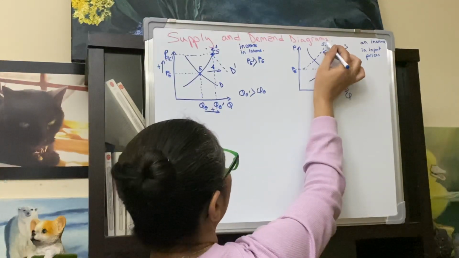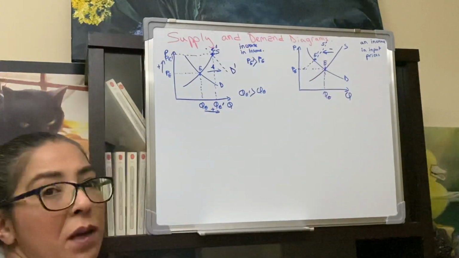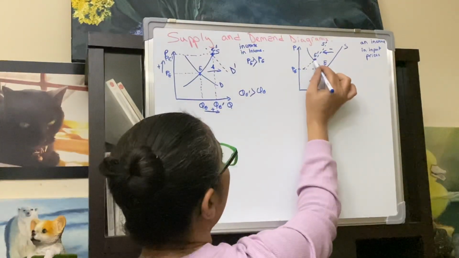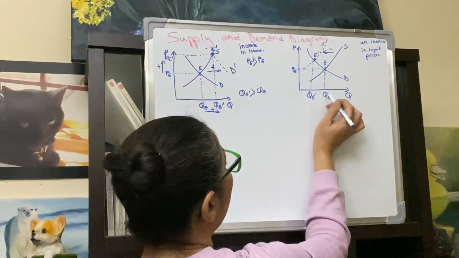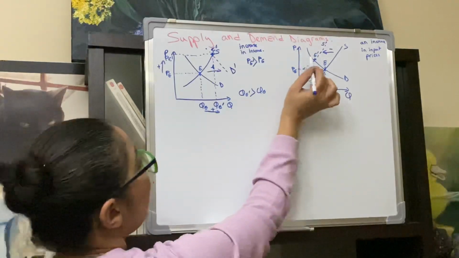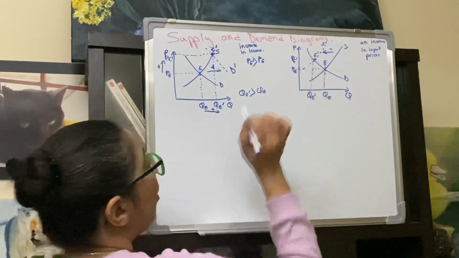So here is your new supply. This is your new equilibrium. And this is the quantity at the new equilibrium. And this is the price at the new equilibrium.